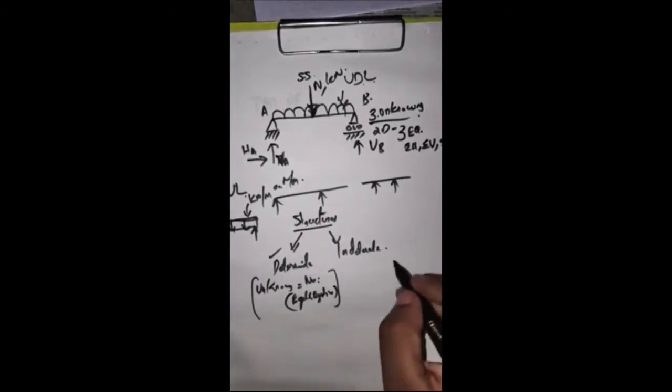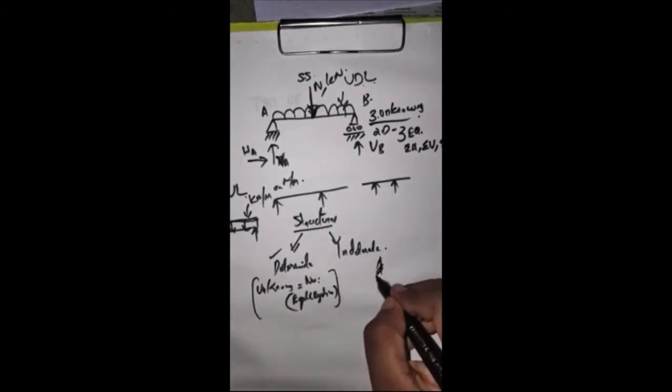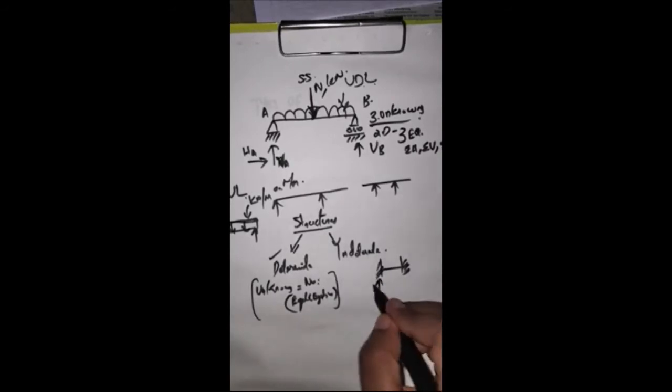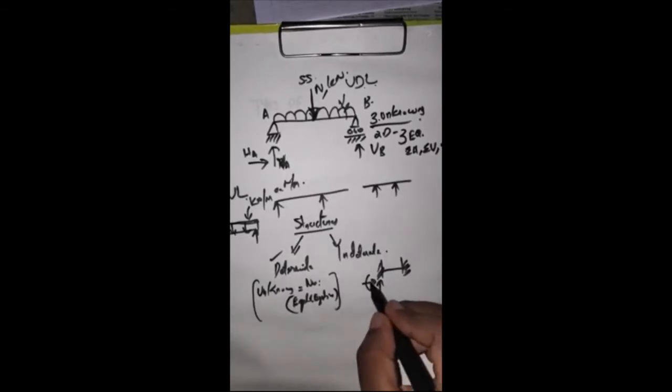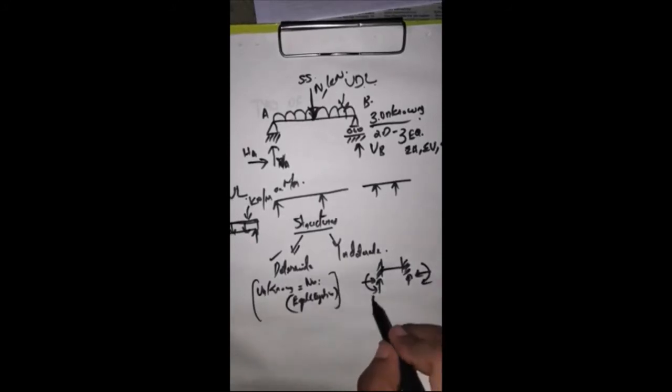Indeterminate means, for example, let us consider a fixed beam. In a fixed beam, at one end there can be three unknowns, and at the other end also three unknowns. That is 3 plus 3, giving 6 unknowns.